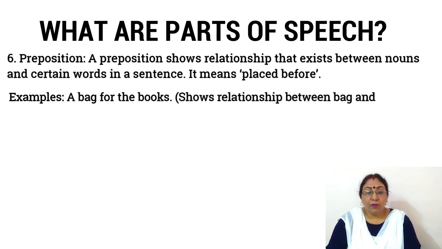Here, the preposition is for. Now, this preposition for shows the relationship between bag and books. We have many kinds of bags and bags can be used for various purposes, but here the bag is for the books. So it shows the relationship of the bag with the books.